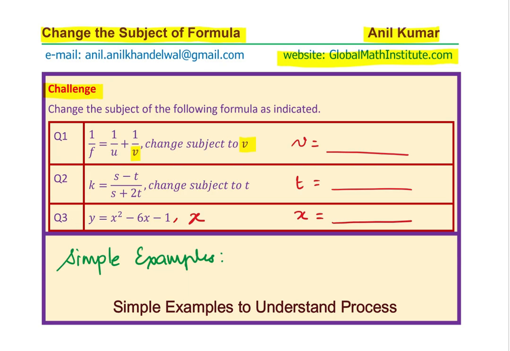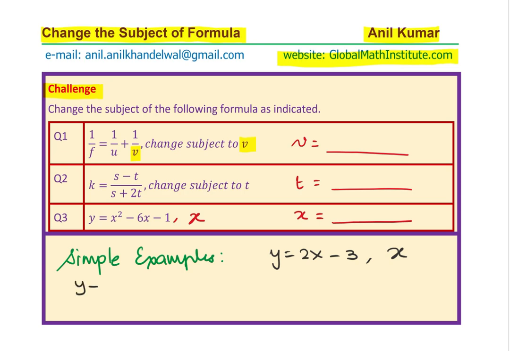If you have a linear equation, for example, y equals 2x minus 3, we could rearrange and find what x could be equal to. So we could rearrange this and write y minus 3 equals 2x, and then dividing by 2, this will give us x equals half of (y minus 3).